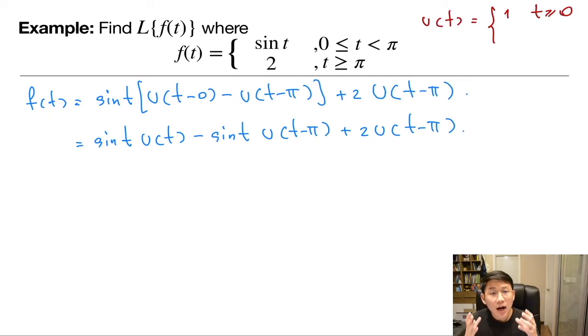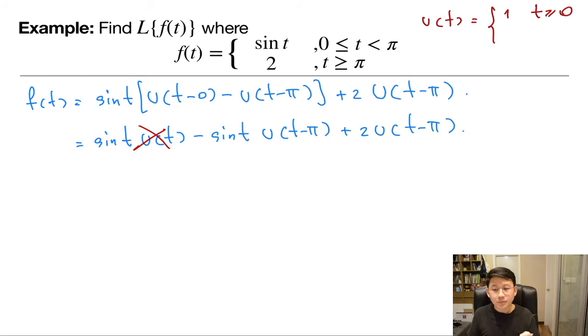But guys, our function is defined when t is bigger or equal to 0 anyway. So whenever you see u(t), you don't write it because it's always 1. u(t) is always 1. So here you can get rid of u(t).